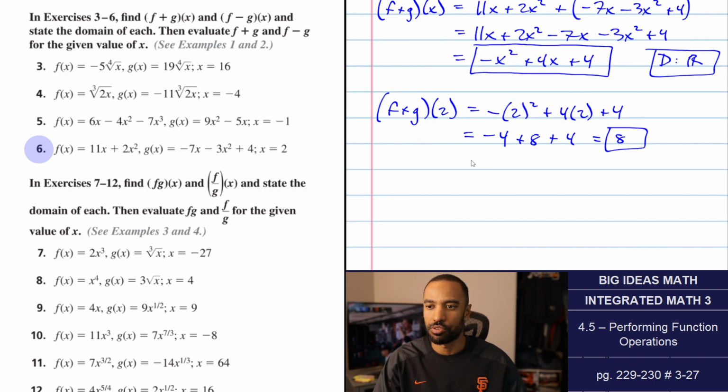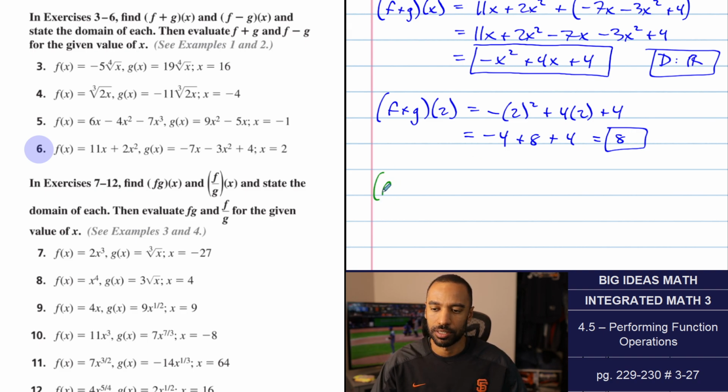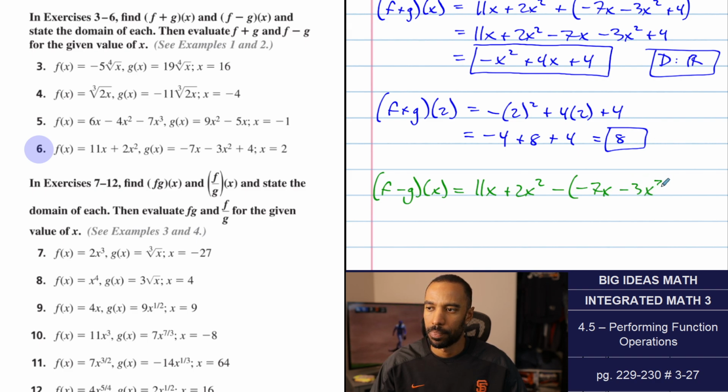Let's see how that changes for f minus g of x. So this is going to be 11x plus 2x squared. Now we're going to subtract these, which changes signs. Not from the front ones. F of x is still the same.